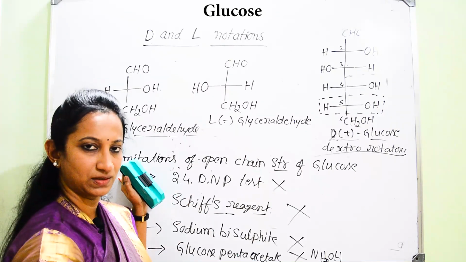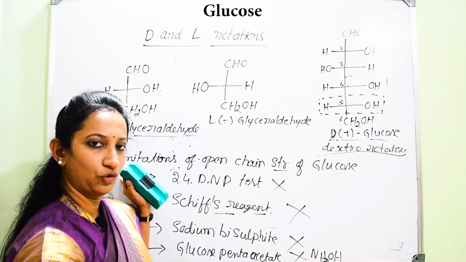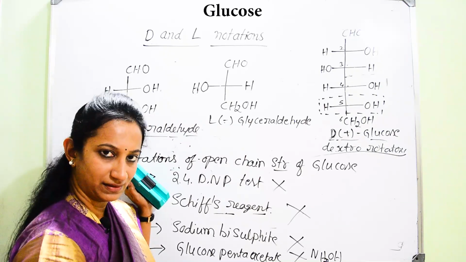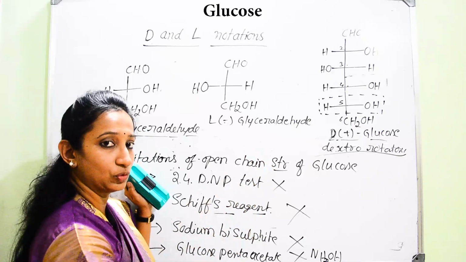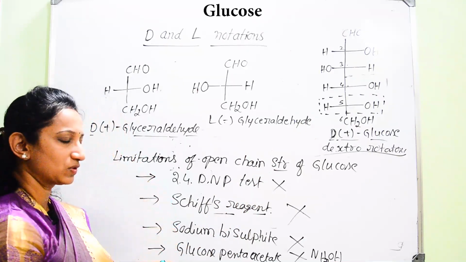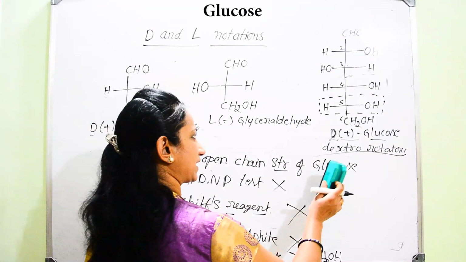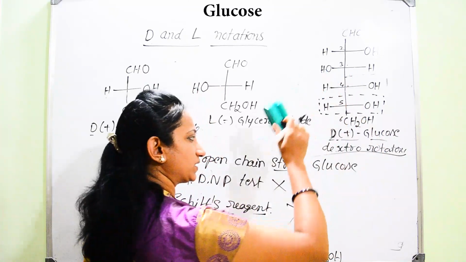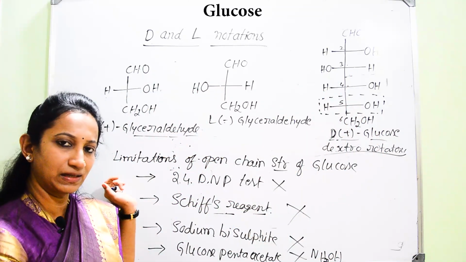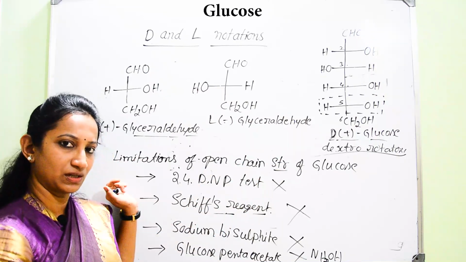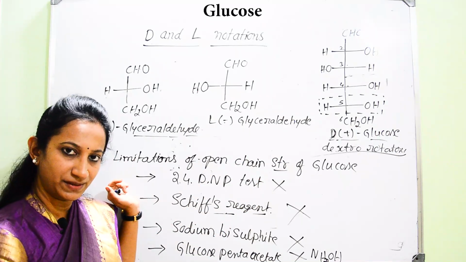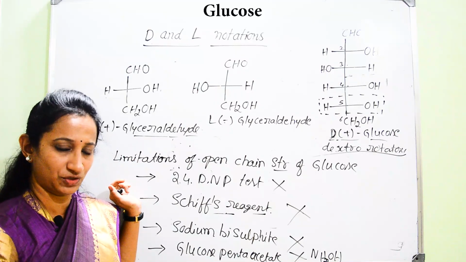cannot explain all the properties of glucose. Then he will go for other structural formulas that can be represented for glucose. Which are those structural formulas that can be written other than the open chain structure? Then he will come to the conclusion that glucose can exhibit not only this open chain structure but also a cyclic ring structure.